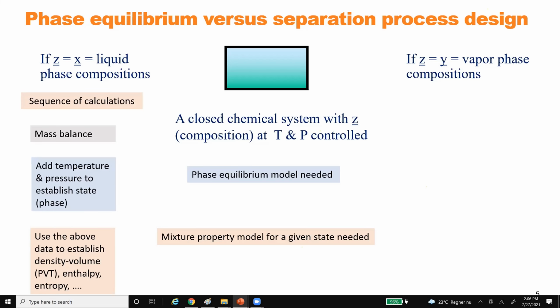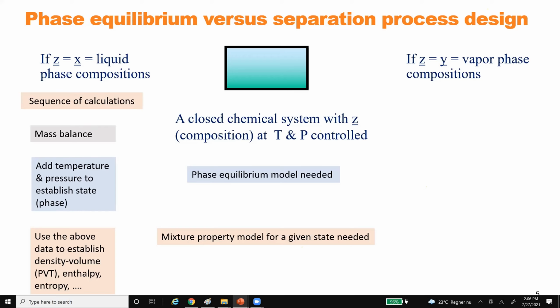The sequence of calculation, if it is the liquid phase, we need to know the mass balance. So what is the composition in the liquid phase? And if we know the composition and we are controlling the temperature and pressure, so we know the temperature, pressure, composition, through phase equilibrium, we would be able to identify the phase state. Is it bubble point because it's liquid? Is it a mixture, bubble point, and some vapor in there?